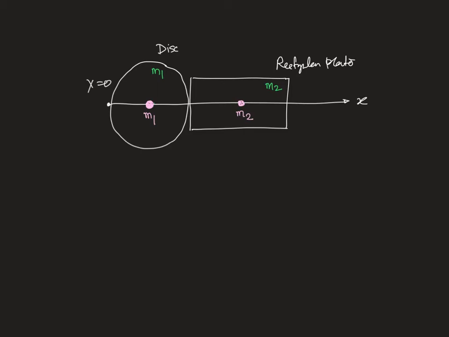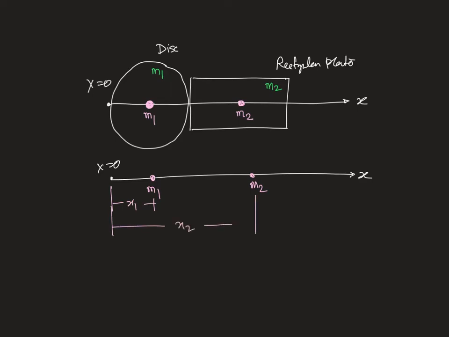If you know the corresponding distances, it becomes so simple. This is x equal to 0, and all the bodies are replaced by point masses. So it becomes like calculation of center of mass of a discrete system. So simple as that. xcm is m1 x1 plus m2 x2 divided by m1 plus m2.